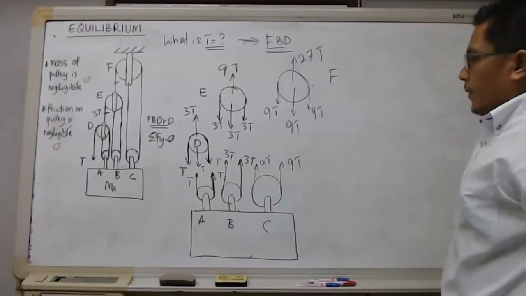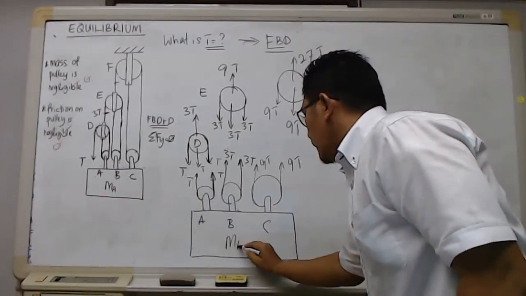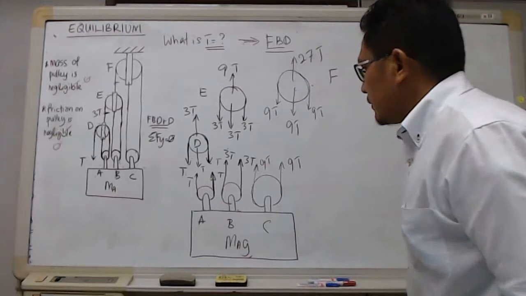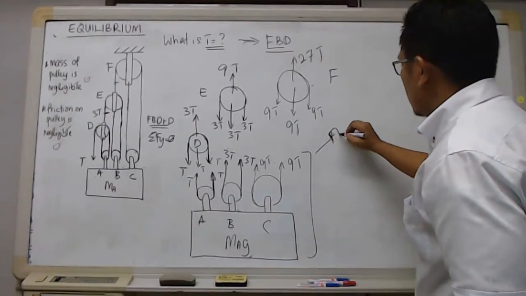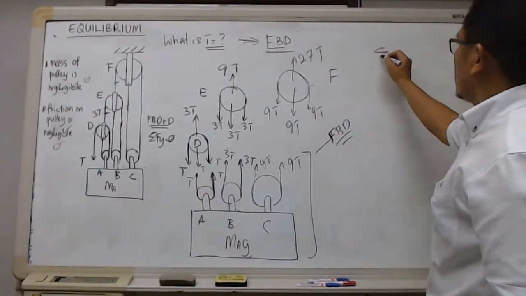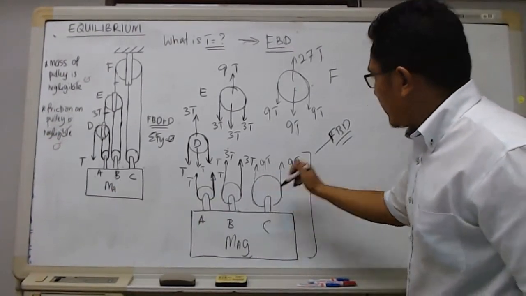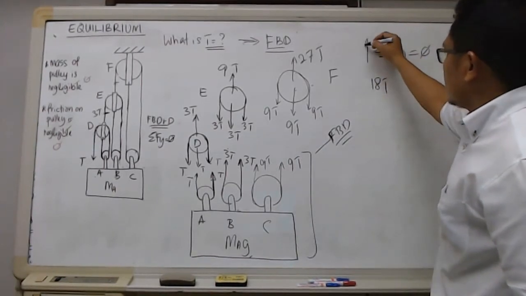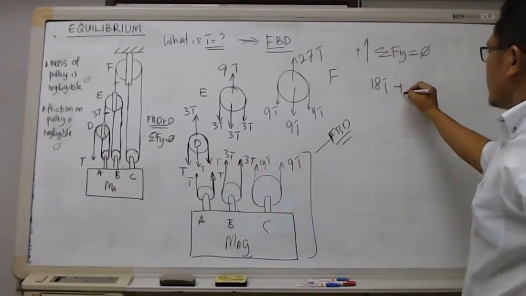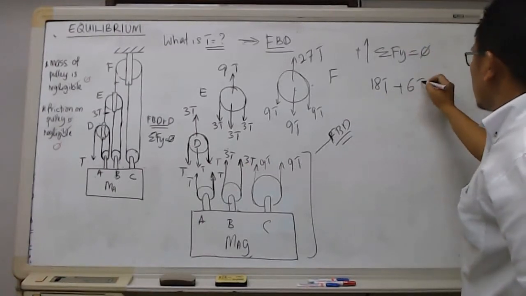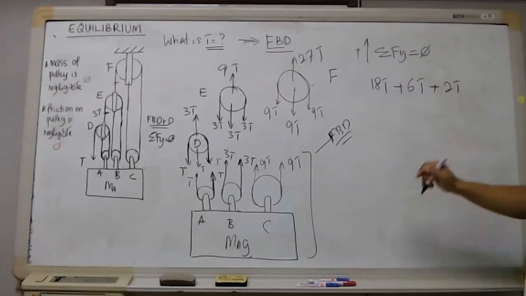Okay, now we have got this diagram. We know the mass here is MA, so the weight is MA times G. For this FBD, summation of force Y is equal to 0. We get 9 plus 9 is 18T positive, plus 3 plus 3 is 6T, plus 1 plus 1 is 2T.